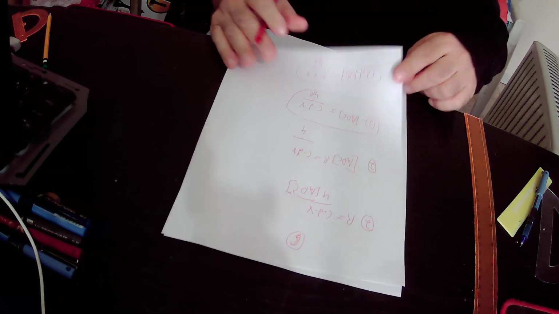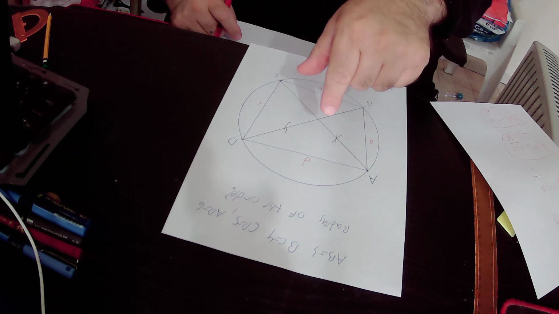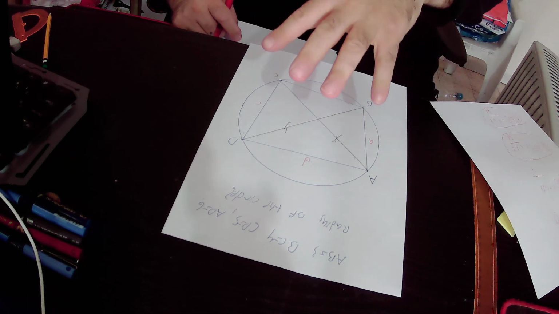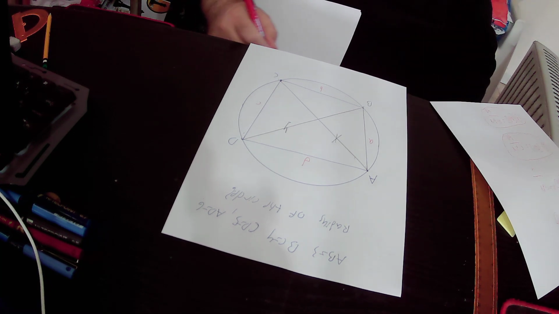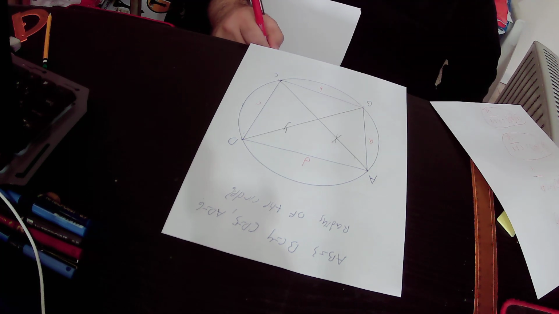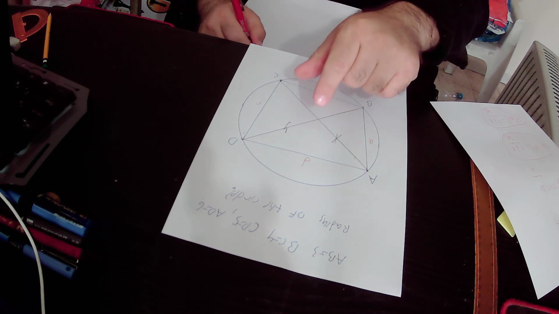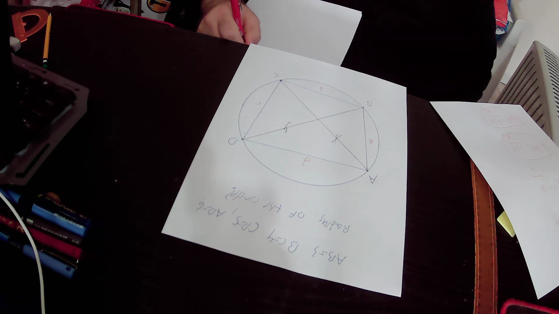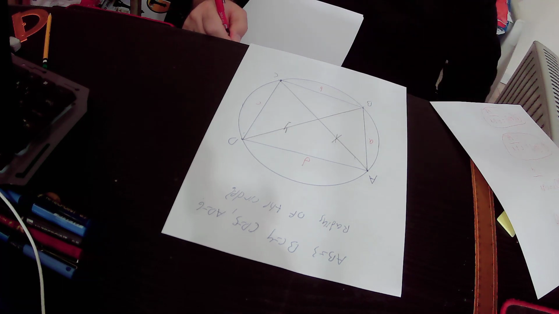But we know that the area of triangle ABC plus the area of triangle ADC equals the area of quadrilateral ABCD. So I write it down. We know that, equation number 3, the area of triangle ABC, this triangle, plus the area of triangle ADC, this triangle, equals the area of quadrilateral ABCD.